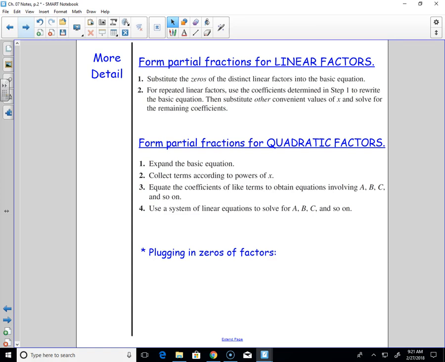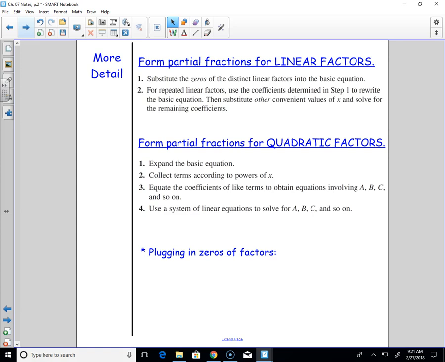For repeated linear factors, you have to write them multiple ways and maybe substitute other convenient values like we did yesterday, picking the 1 because it was easy to plug in. So it puts into words what we did as far as plugging in the zeros and then running out of zeros, and so picking other convenient numbers to plug in, like small ones. This one is for quadratic factors.